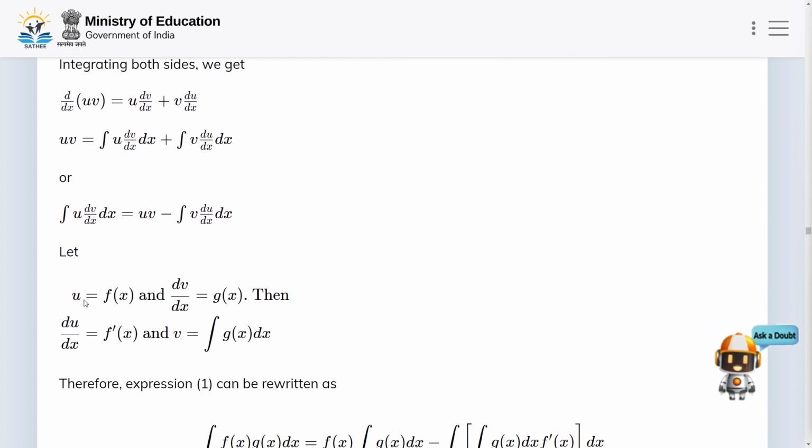Now if you put u equal to f(x), and dv by dx equal to some function g(x), simple.